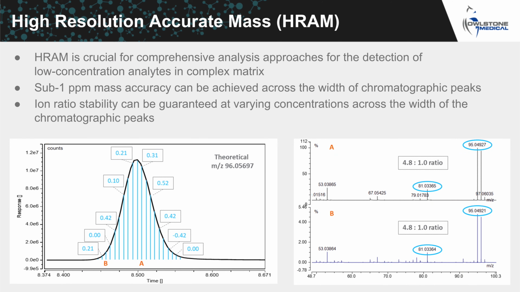High resolution accurate mass is crucial for metabolomic analysis and identification of chemicals, particularly low concentration chemicals in complex matrices. Orbitrap gives us the ability to achieve sub 1 ppm mass accuracy across the width of a chromatographic peak. We can see an example of one of the VOCs here. It's 2,5-dimethylfuran.